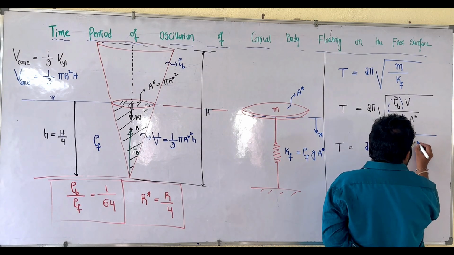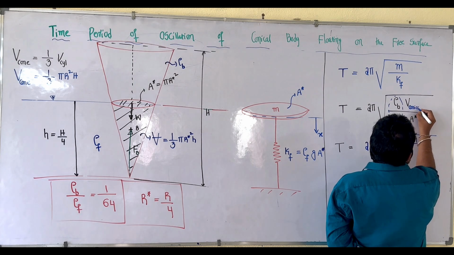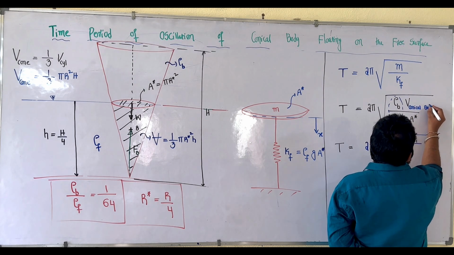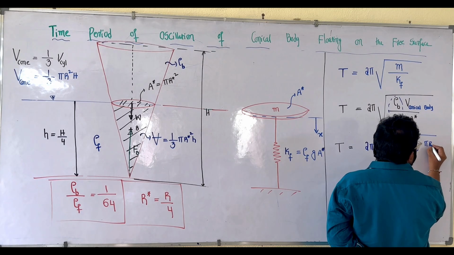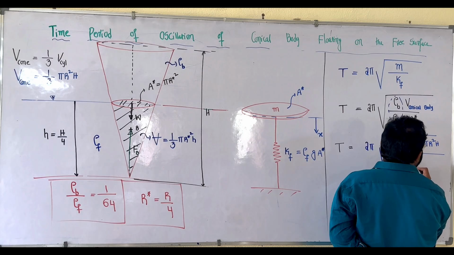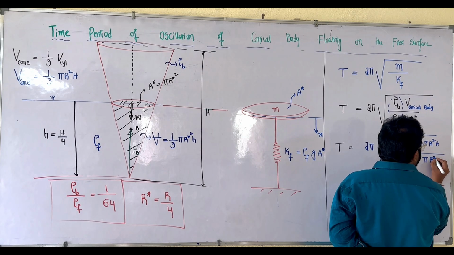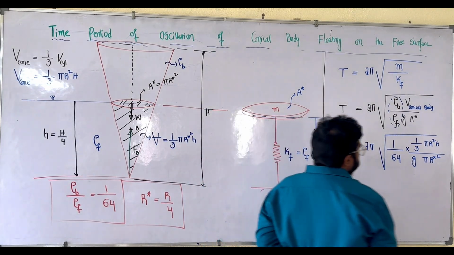Now tell me, what is the volume of the conical body? 1/3 pi r square into capital H, by g into A star, which can be written as pi r star square.